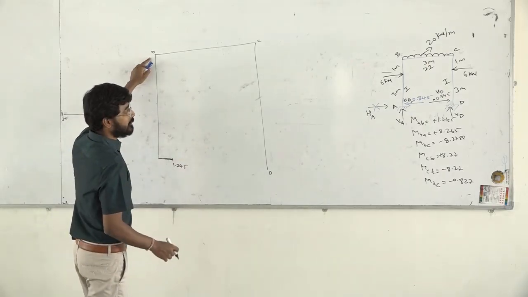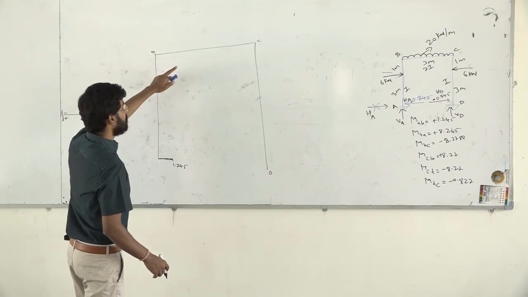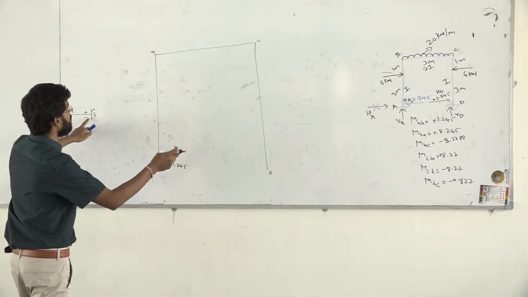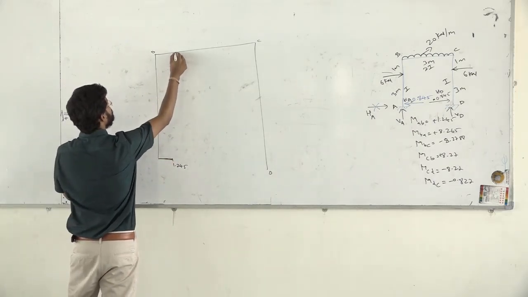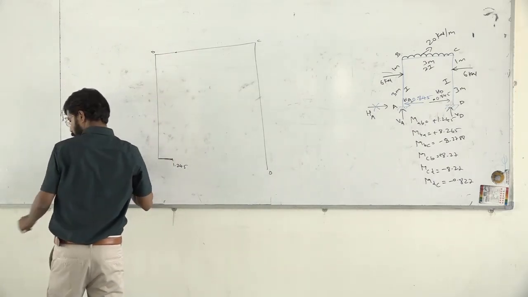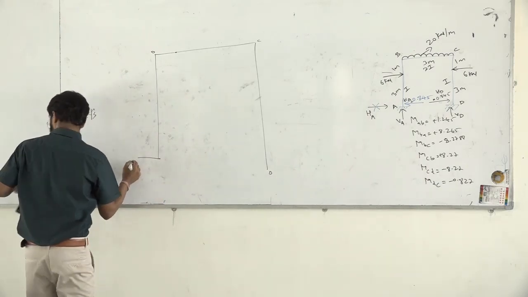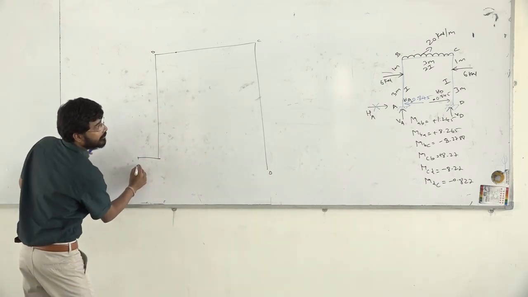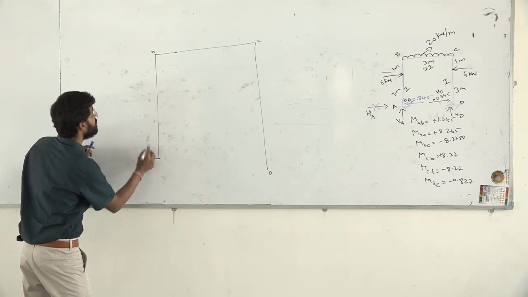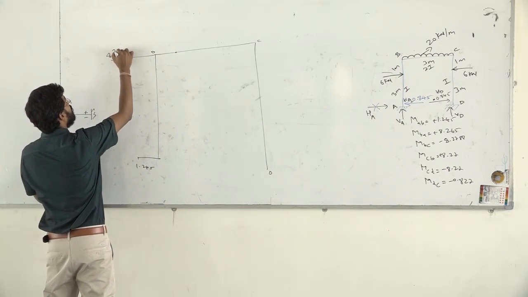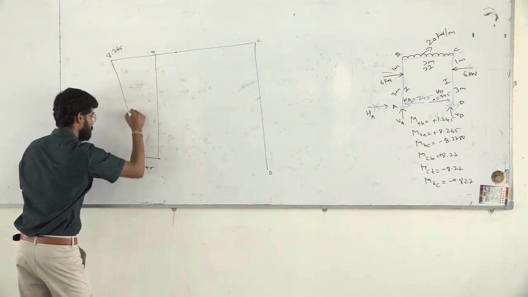So this is 1.245. Now similarly at BC, if you see, again we have a plus value. Plus value, it will come somewhere here. So you can draw it on the opposite side. So we are getting this as 1.245. Here we have 8.265. You have to just join these two values.